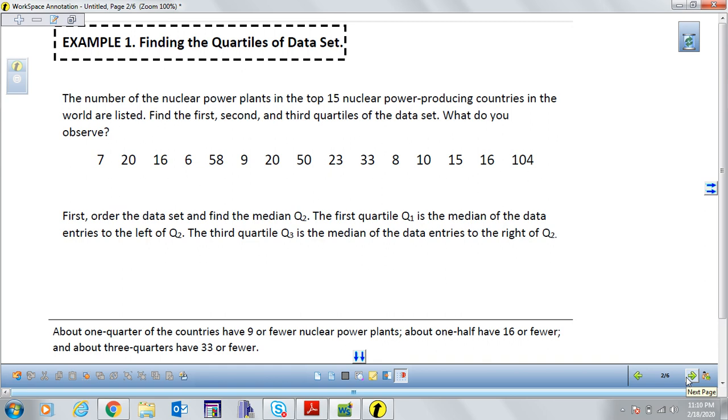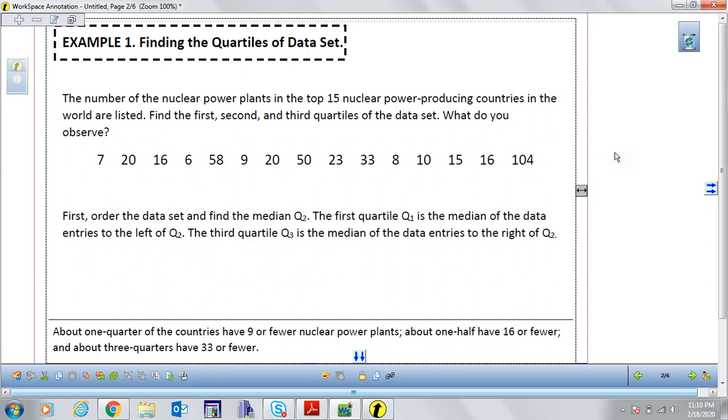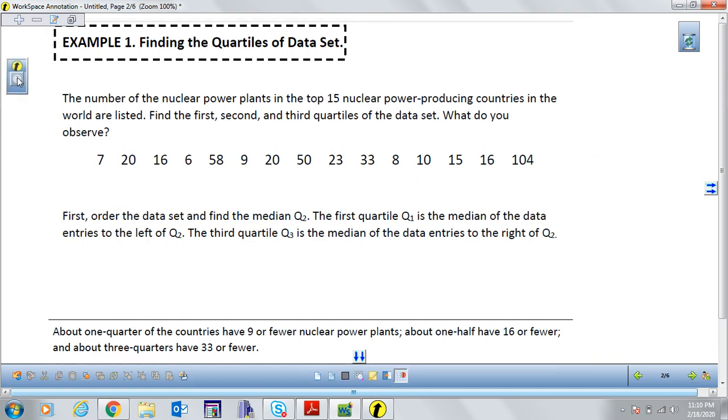It says the number of nuclear power plants in the top 15 power producing countries in the world are listed. Find the first, second, and third quartiles of the data set. What do you observe? You see the listing of the numbers that represent the number of nuclear power plants in the top 15 countries.